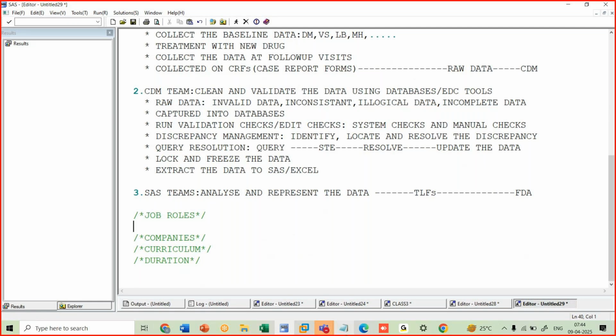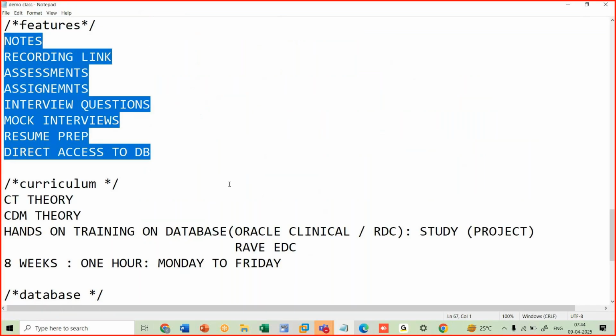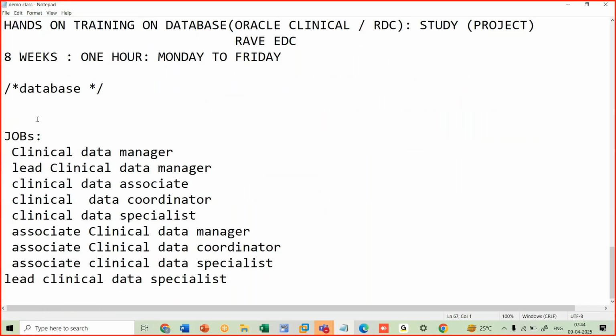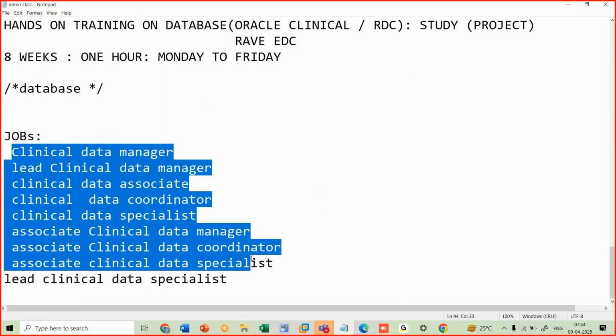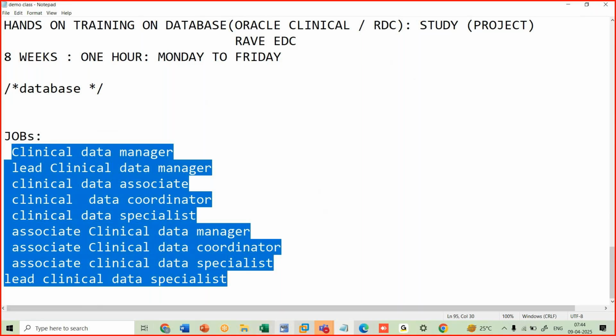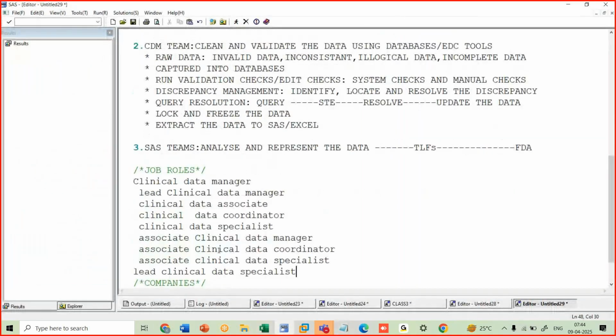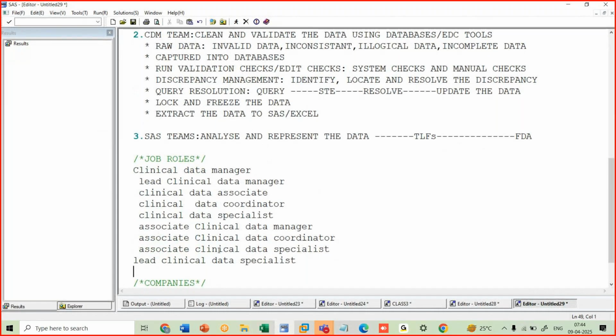Here I have the list of job roles. These are all the job roles you can apply for. When it comes to companies, any CRO company you can apply.